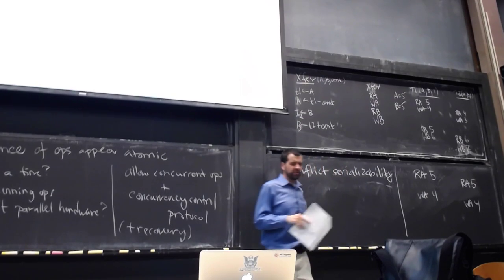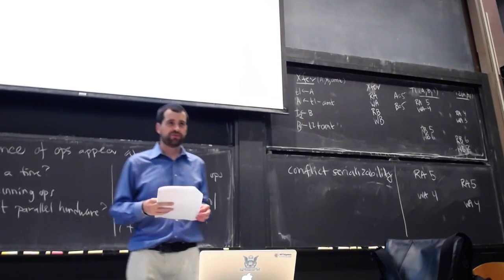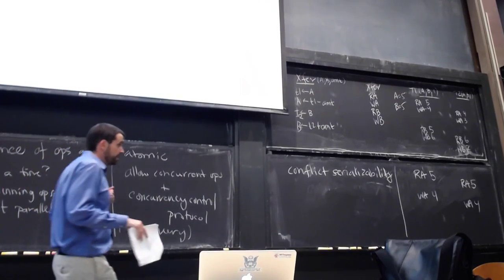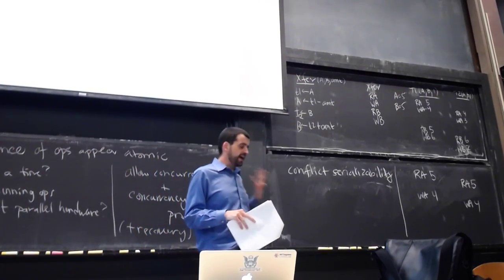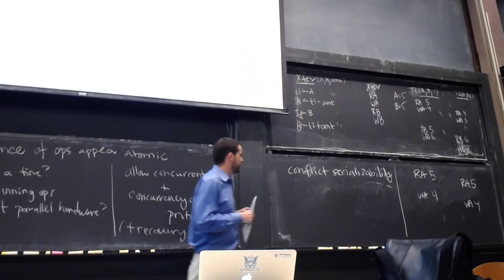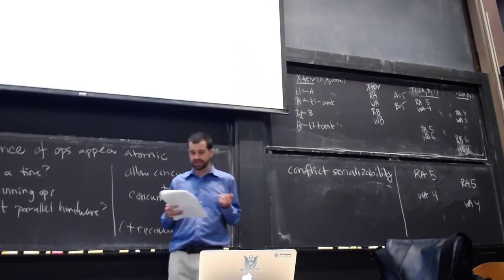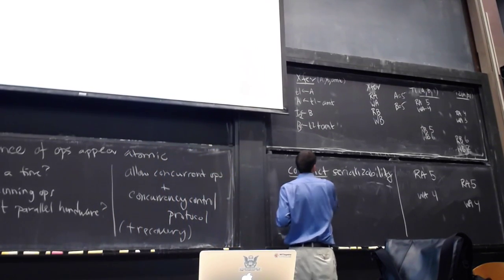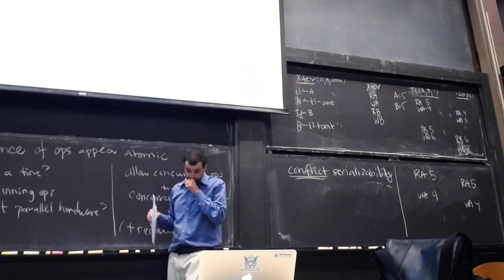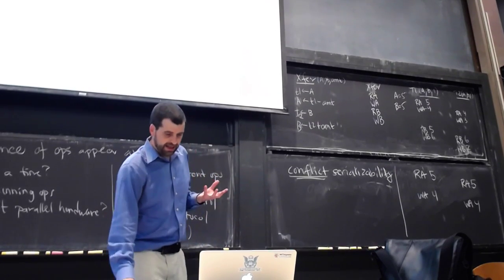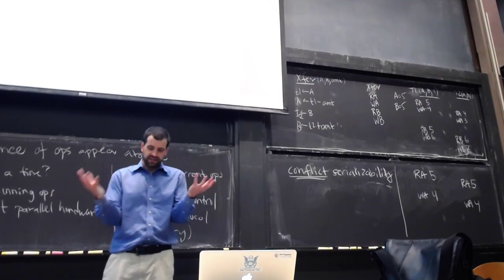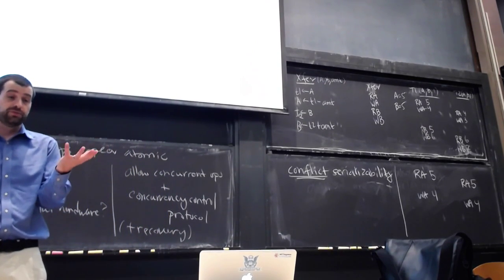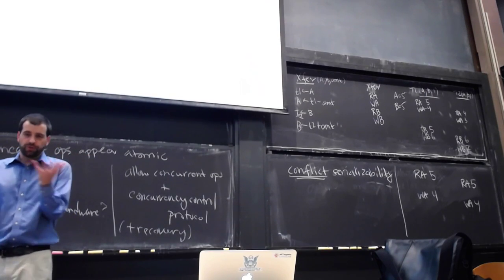What conflict serializability does is it defines a notion of operations that conflict, and then the definition is based on not allowing conflicting operations to occur. All a conflict in conflict serializability means is that transaction 1 reads some variable that transaction 2 writes, or transaction 1 writes some variable that transaction 2 reads, or they both write the same variable.